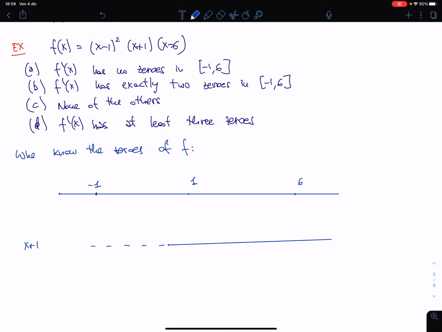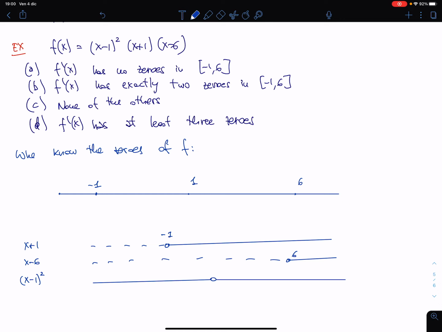And moreover, x minus 6 is positive after 6, and of course it is 0 at point 6, like x plus 1 is 0 at the point minus 1. And the last is x minus 1 to the square, which is always positive except at the point 1, where it is exactly 0.